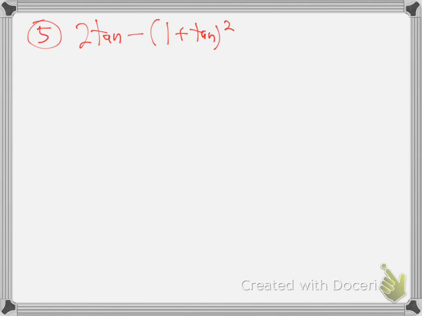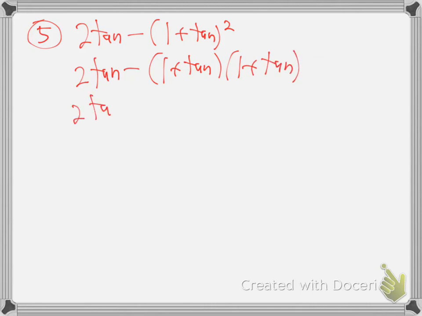So just leave the minus here and just FOIL out. Well, it's 1 plus tangent, 1 plus tangent, like that, right? So now just go ahead and FOIL all that out. First to both, second to both. Just FOIL, multiply that out. See what you get.